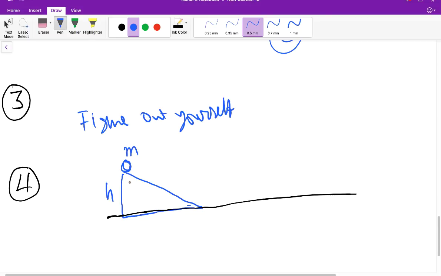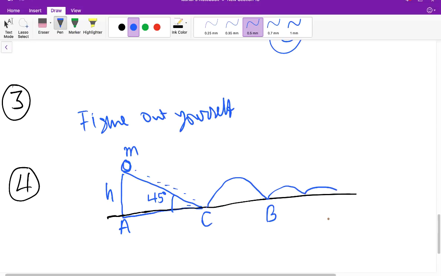This height has been given as h. This angle is 45 degrees. Now it falls down here, slides here, then it jumps and keeps on moving. Now let's call this point A and this point B, and they are asking what is the distance AB, and let's call this point C.